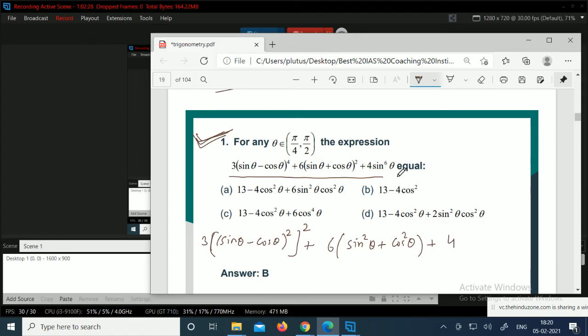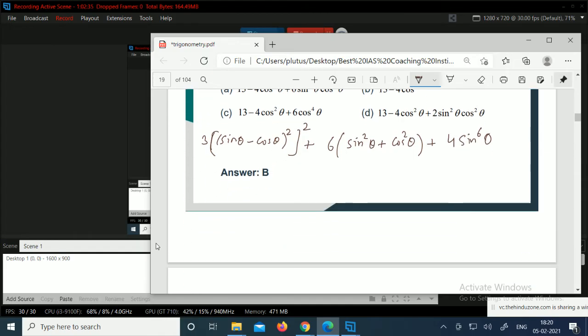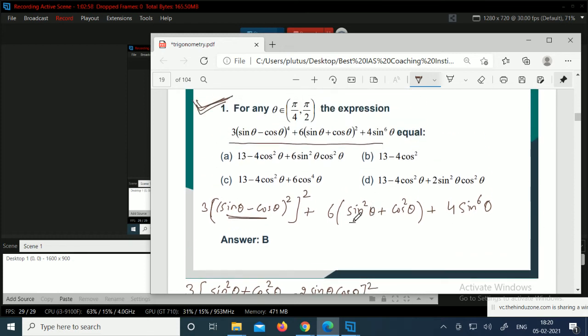Let's suppose the same value, we can rearrange later. Okay, now check all other values. If I simplify this 3, if I open this bracket, this is sin square theta plus cos square theta minus 2 sin theta cos theta and whole square, this square. Okay, and here one more term is there, that is 2 sin theta cos theta.